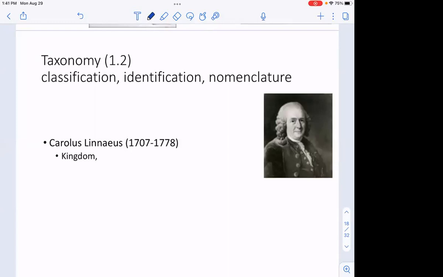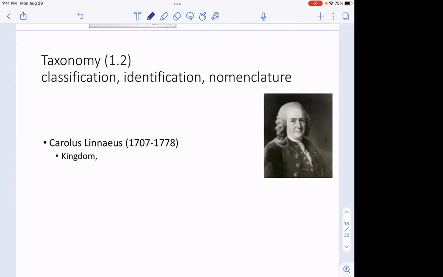So I learned the mnemonic: King Philip came over for grape soda. It helps me remember what order those go in. So at that time, he said, okay, all of life belongs in two different kingdoms, either plants or animals.